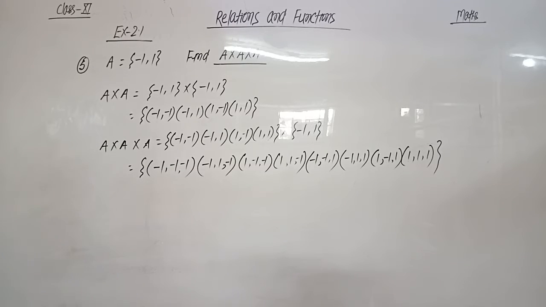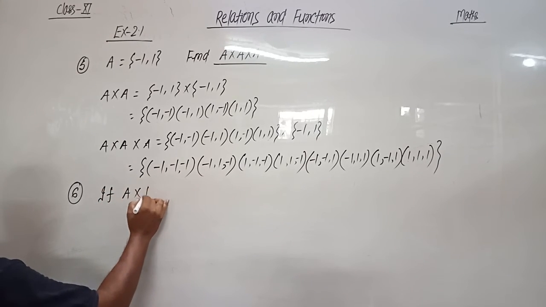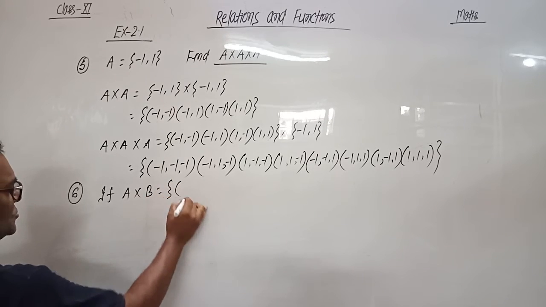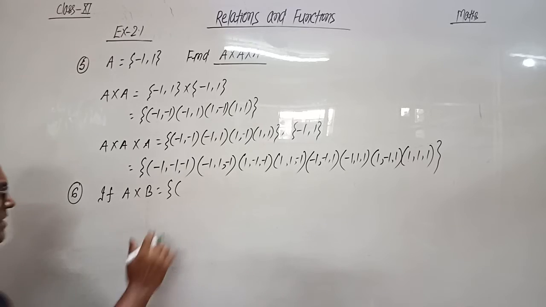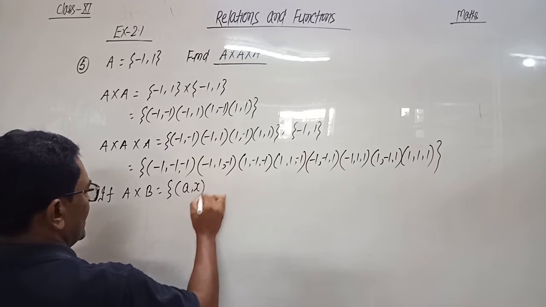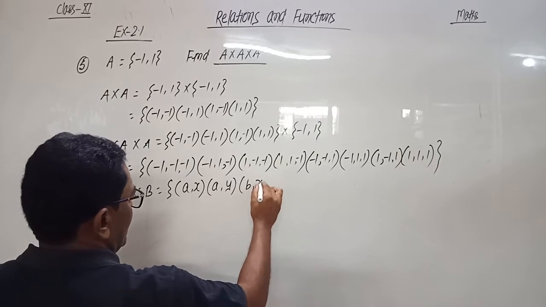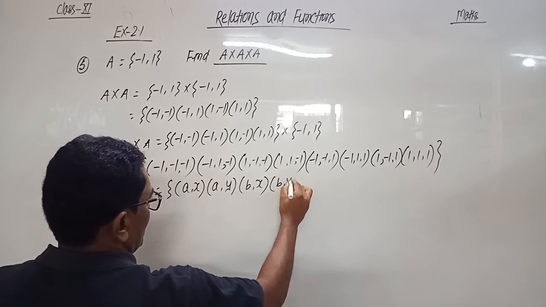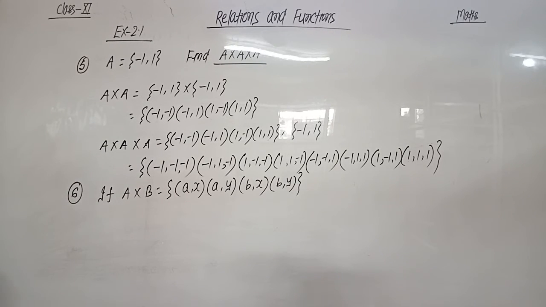Question number 6. We are given A cross B. If A cross B is equal to {(a, x), (a, y), (b, x), (b, y)}, this is the A cross B we have been given.